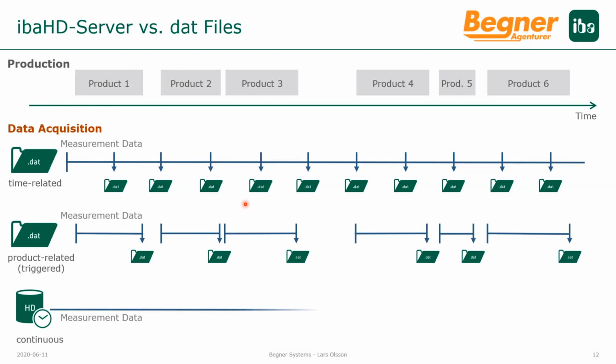And in the HD-Server case, we store, we put every new available measurement point in a big bucket, let's say, but a very well structured and well ordered indexed bucket. So you put measurement data in the same place.